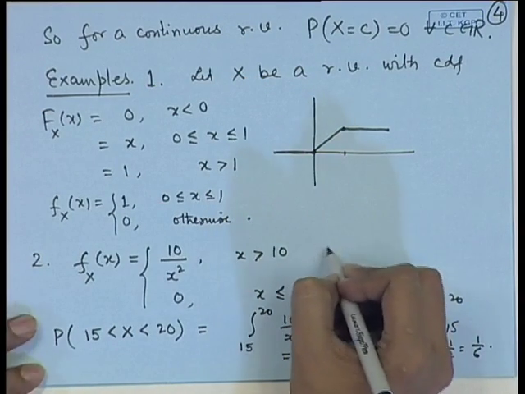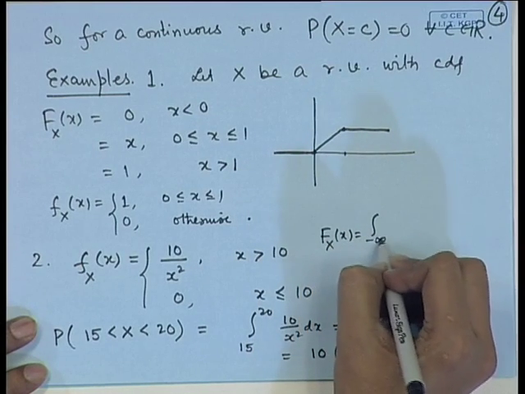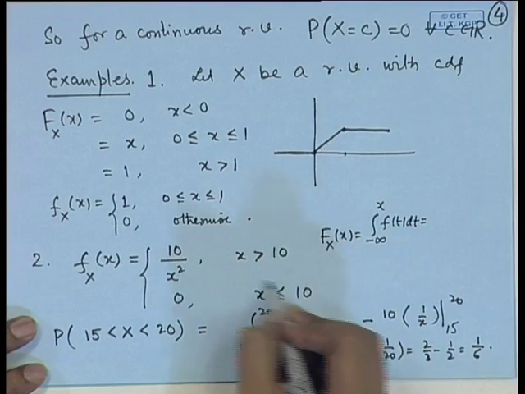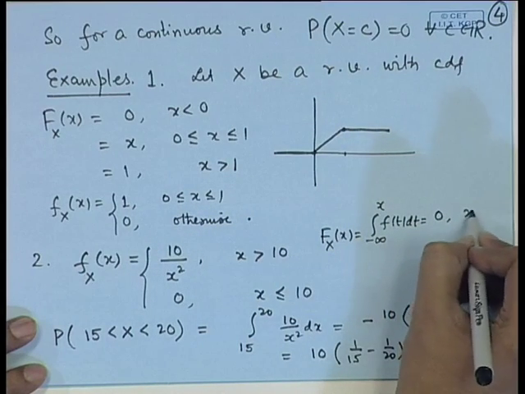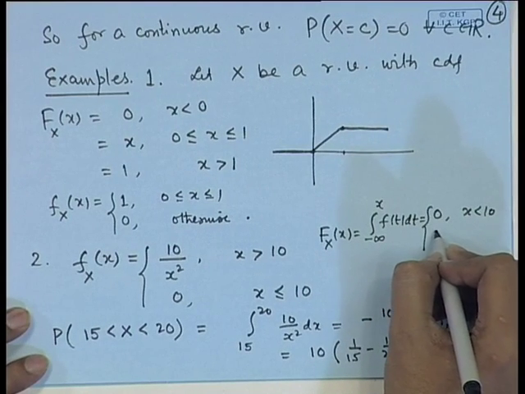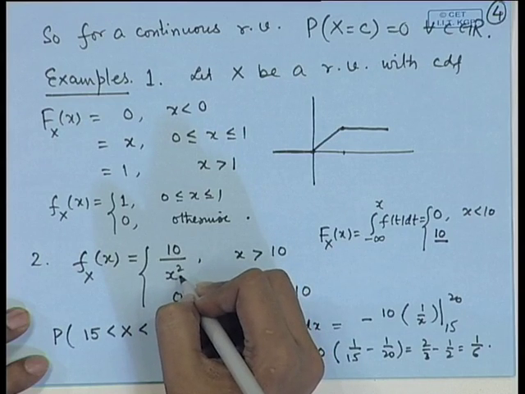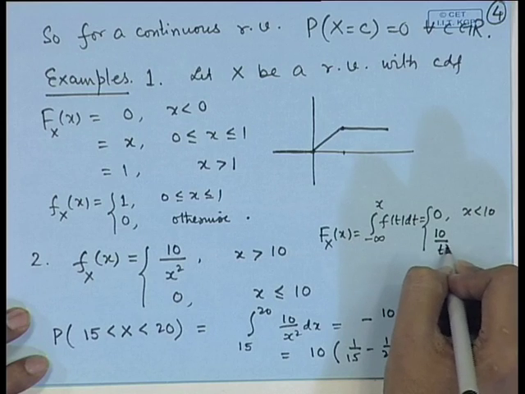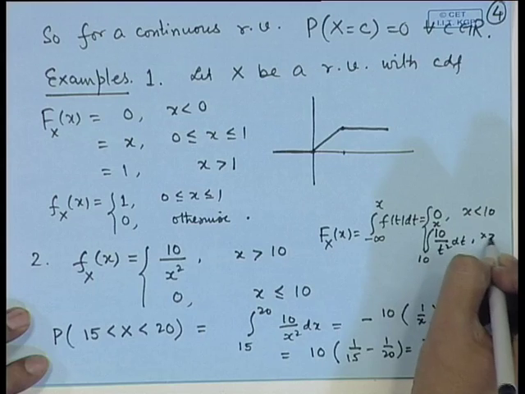If we want to find out the CDF here, then it is the integral from minus infinity to x of f(t) dt. Now, here the positive value of the density starts from the point 10, therefore, it will be 0 for x less than 10, and thereafter it will become the integral of 10 by t square from 10 to x for x greater than or equal to 10.